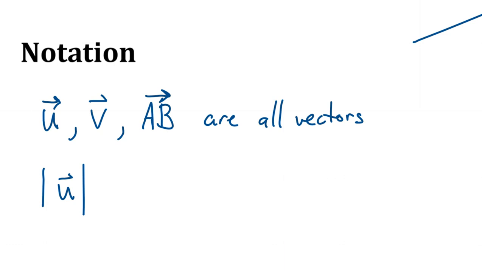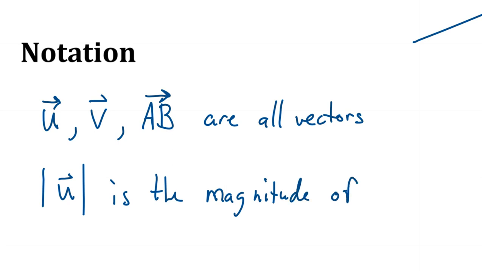And so it's not a coincidence that we're using the same notation for the magnitude of a vector as we do for absolute value. But in the context of vectors, this means the magnitude of U. So this is the magnitude of vector U.